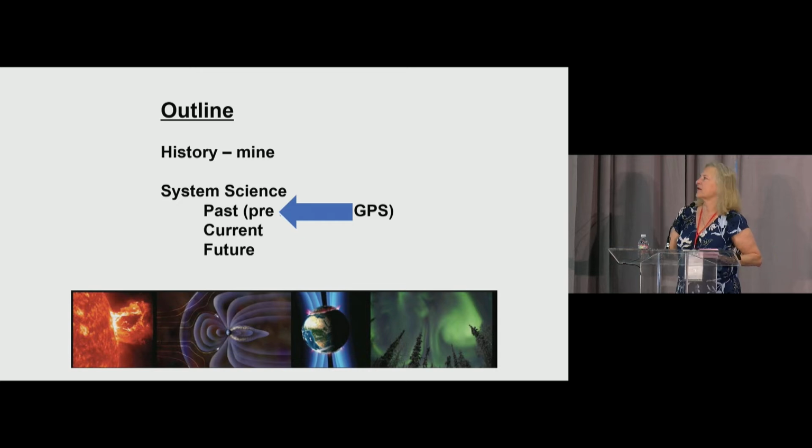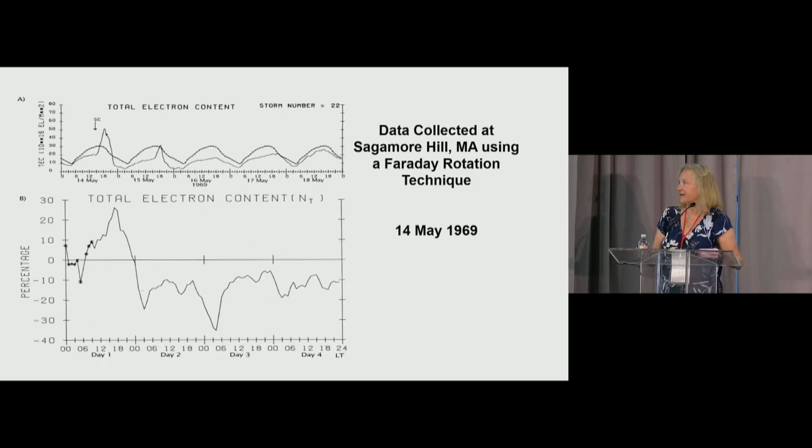So I was looking at what science was done before GPS, and actually quite a lot. One thing we had close to Millstone was a Faraday rotation technique where they received data using Faraday rotation from the GOES-B satellite, and they were quite aware of these storms.